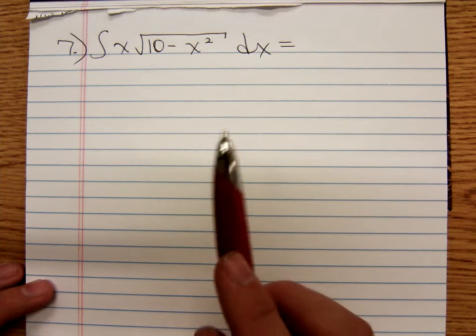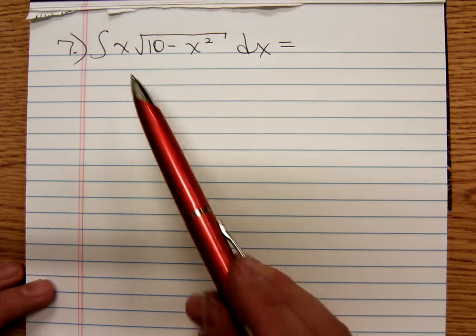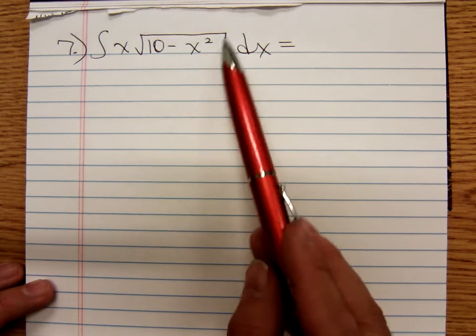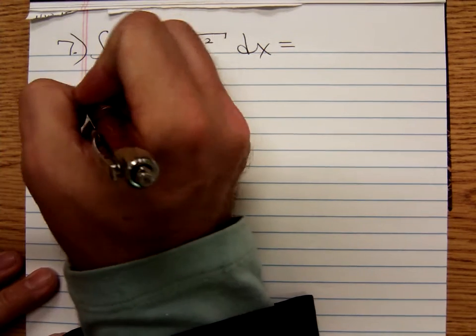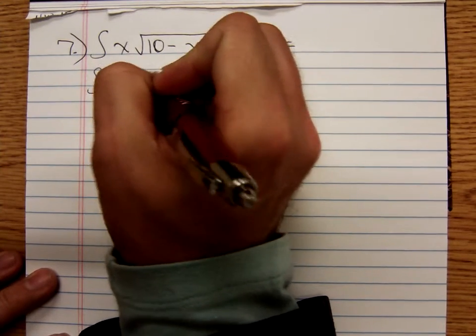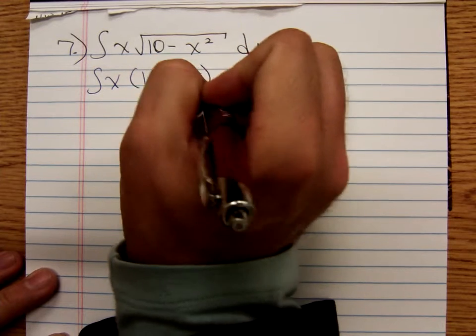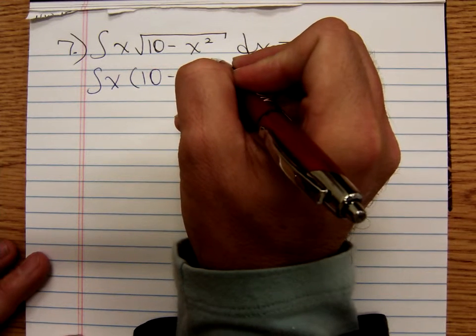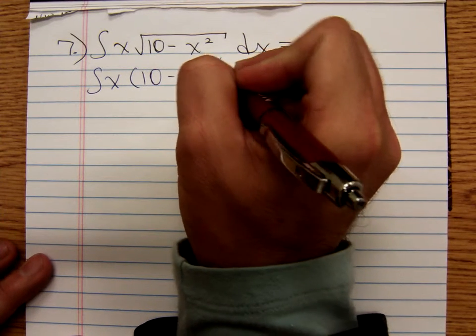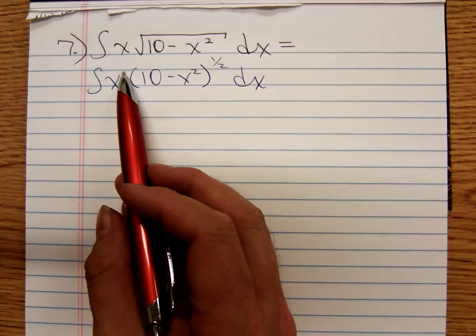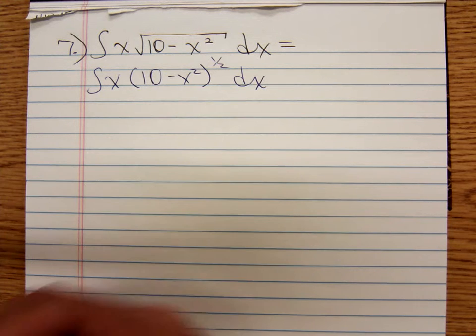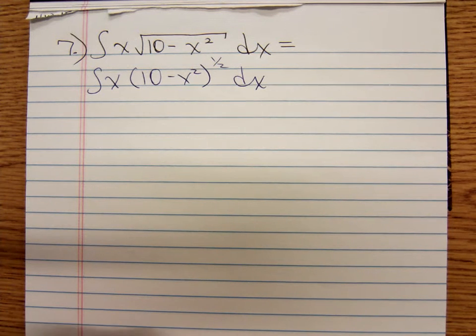And to illustrate what I mean by that, first of all, rewrite the square root here. This is number 7. So that's an x and a 10 minus x squared to the 1/2 dx. Well, x is to the first power. 1 is more than 1/2. So I'm not saying to use the quantity that has the biggest exponent.